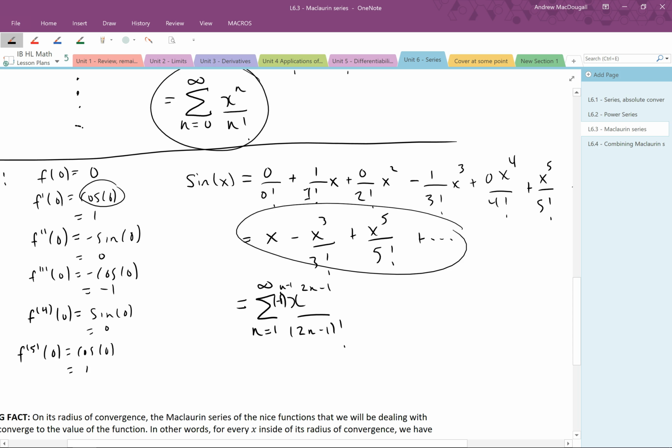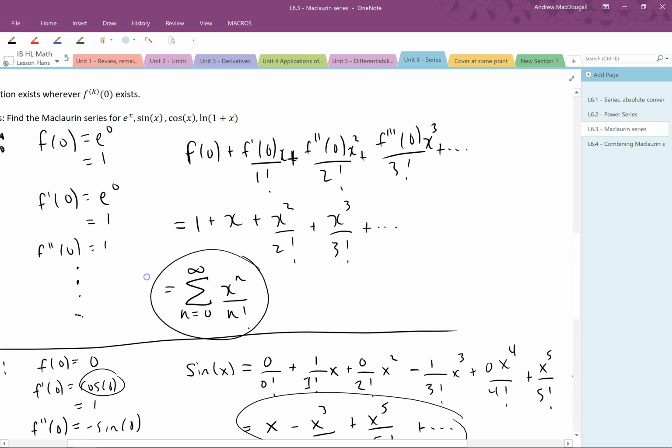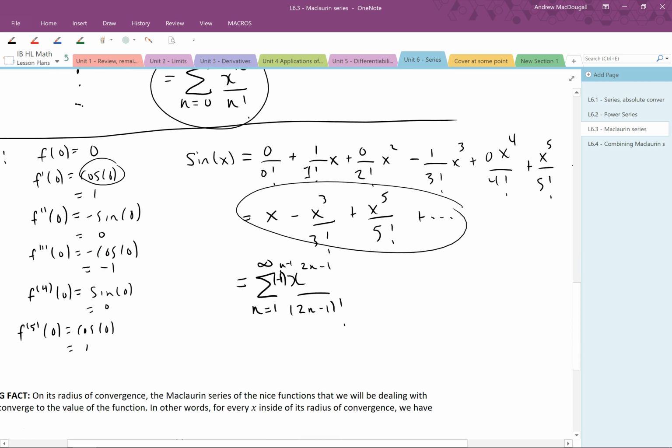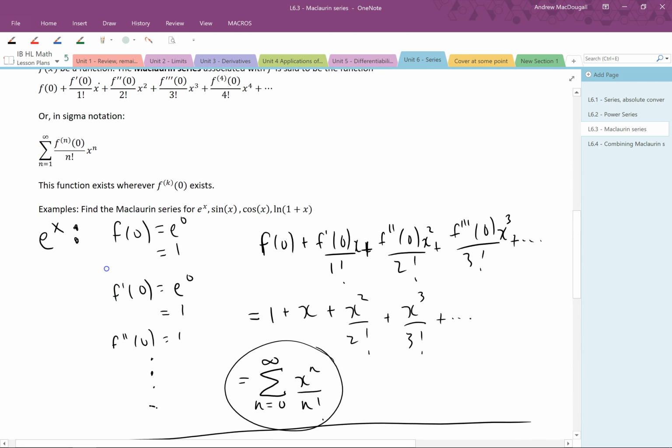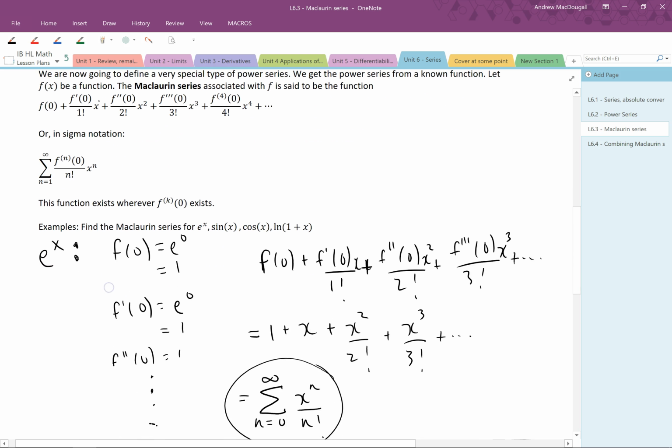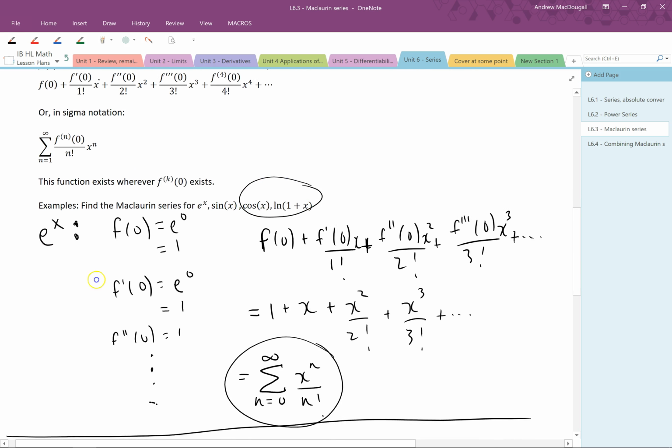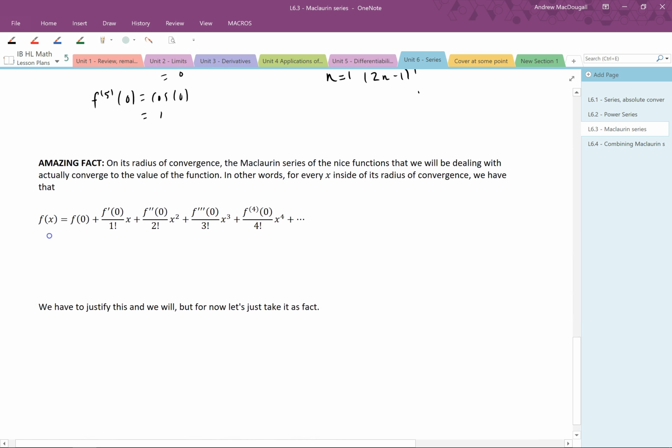And all of these ones I've asked you to do in your example, e to the x, sine of x, cos of x, and ln of 1 plus x, those are all in your formula booklet for you to use freely. So I'll leave it up to you to do cos of x and ln of 1 plus x on your own.